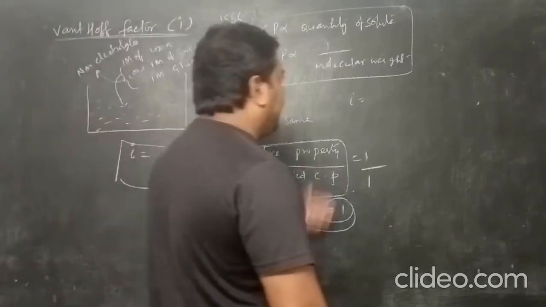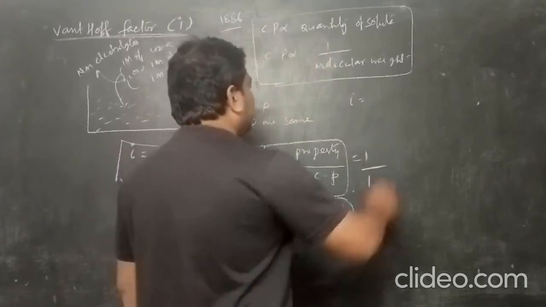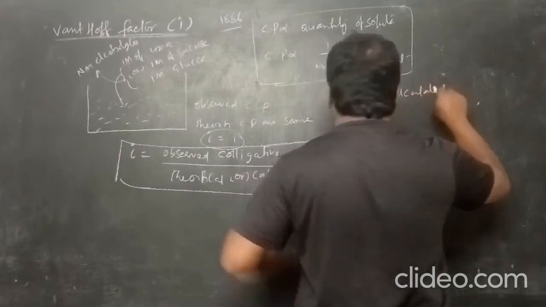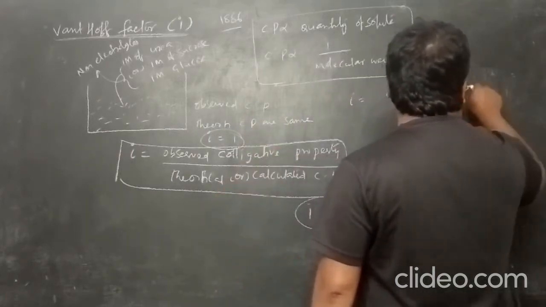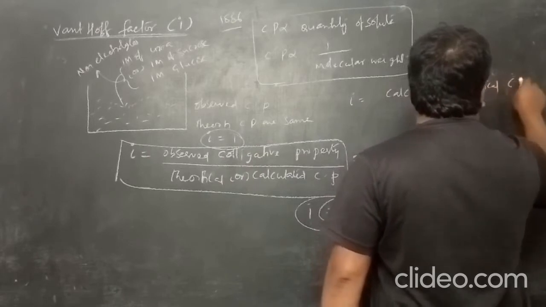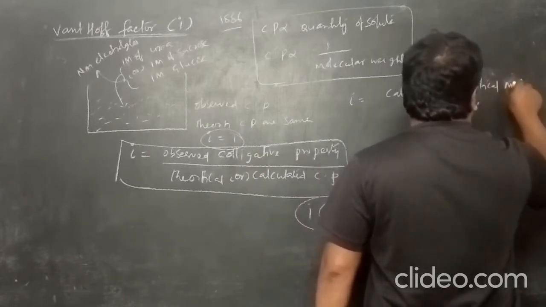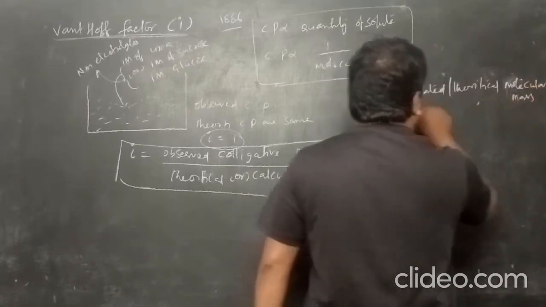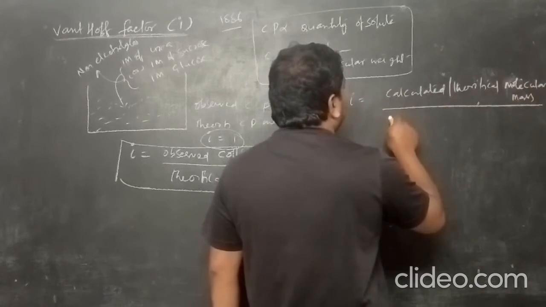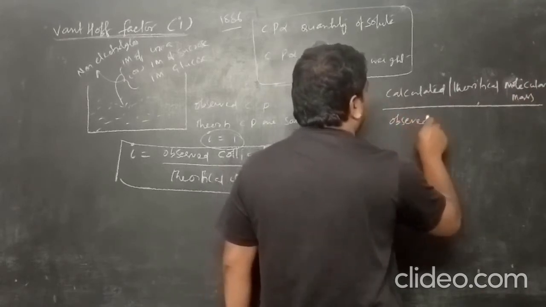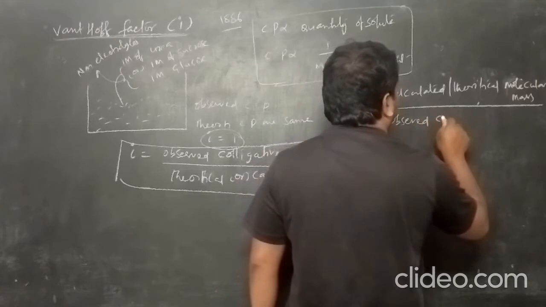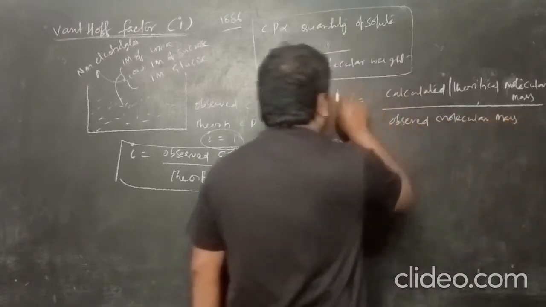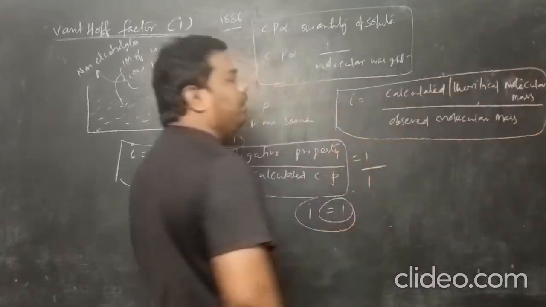So in the case of molecular mass, i is equal to, it is reversed, calculated or theoretical molecular mass divided by observed molecular mass. These two formulas are very important, students.